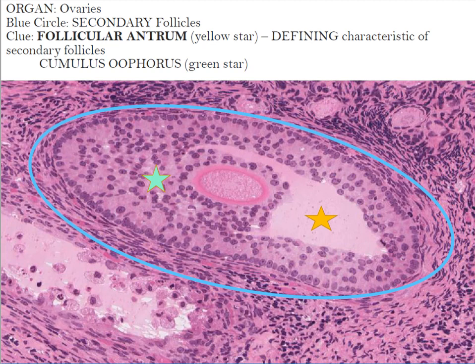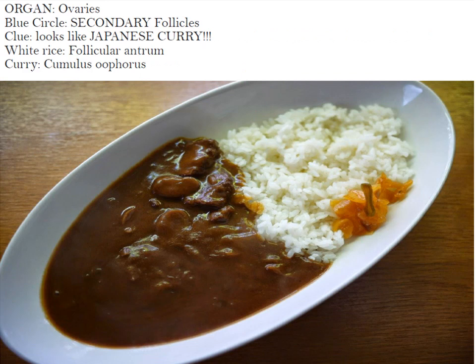And dun sa madaming cells or accumulation ng mga granulosa cells is the cumulus oophorus. And yung nasa gitna, again, yung oocyte. The presence of your follicular antrum is the defining characteristic of the secondary follicles.